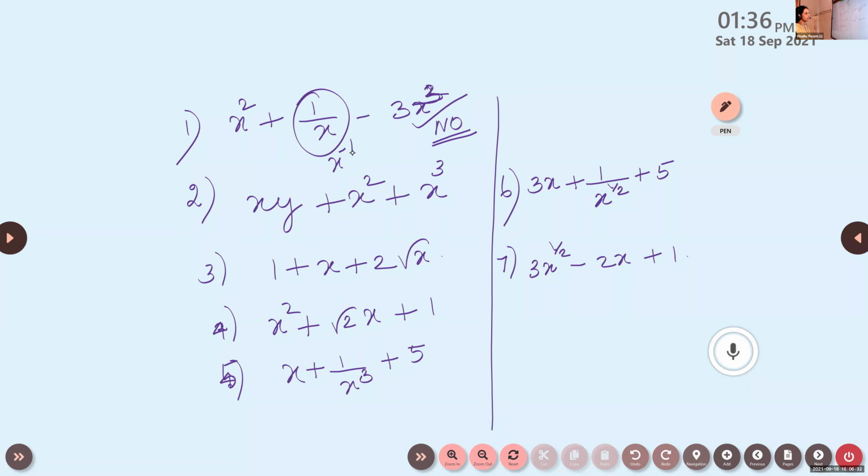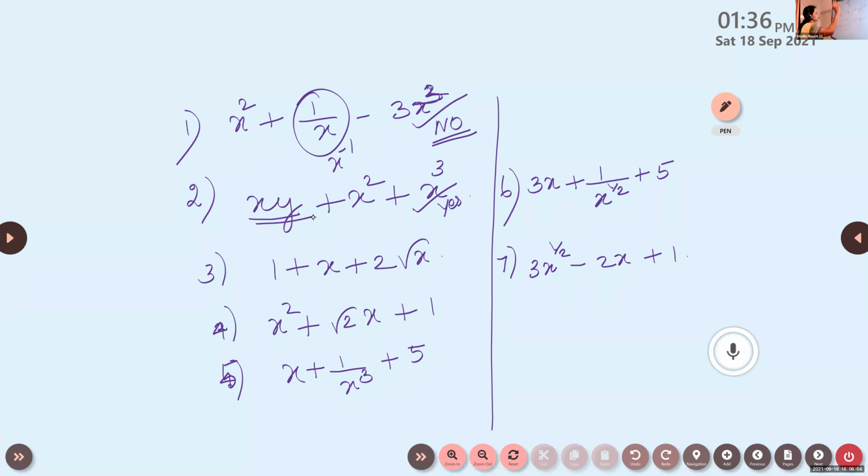What about the second case? Is it a polynomial in two variables? Yes. There are two variables here. Which are the two variables? x and y.